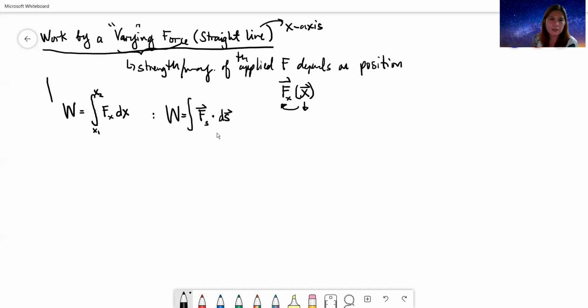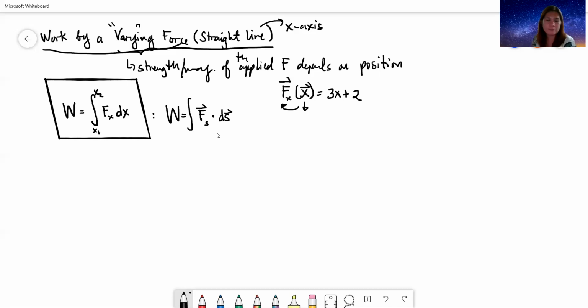But we will follow this labeling, since we are in the x-axis. So the force here that you will substitute depends on what equation it is. Say for example, if Fx here is 3x plus 2, then that is what you put here and then you just do the integration.